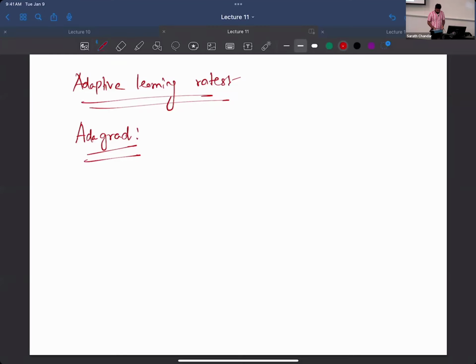Now let g_t^i be the gradient at time step t for the ith parameter. i is the parameter that we are looking at, and t is the time step.